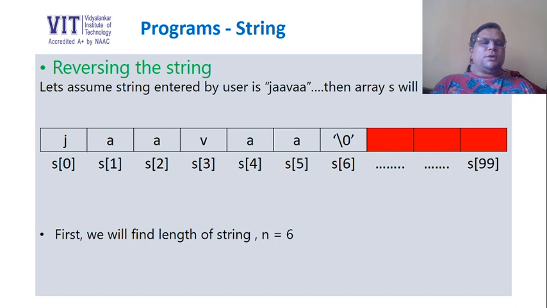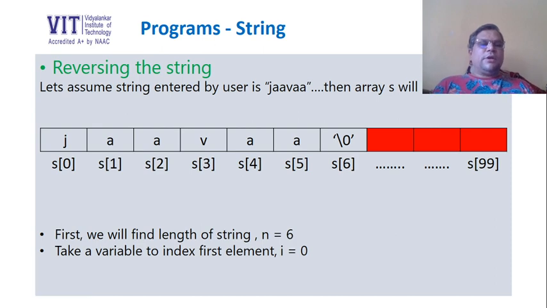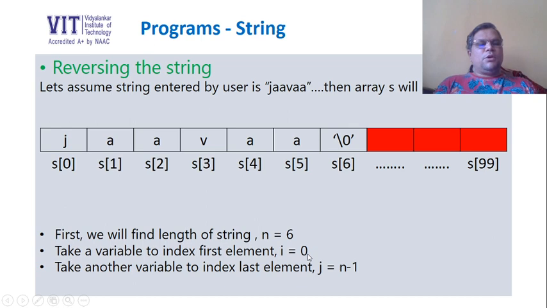What we need to do is first find the length of the string by using the previous procedure, and what we will get is the length of the string is 6. Then we will take a variable as an index to the first element. What is the index of the first element? 0. We will take a variable I whose initial value is 0. We will take another variable as an index to the last element.